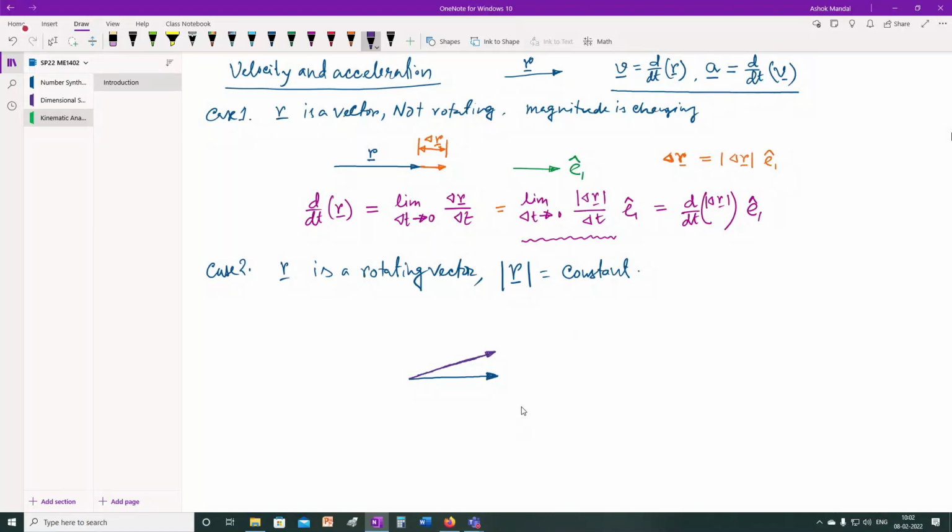This angle of rotation is a very small angle, delta theta. Initially the vector is R, and finally suppose this vector is R dash. Now what is the change in this vector? This much is the change in vector. So this is delta R in this case.